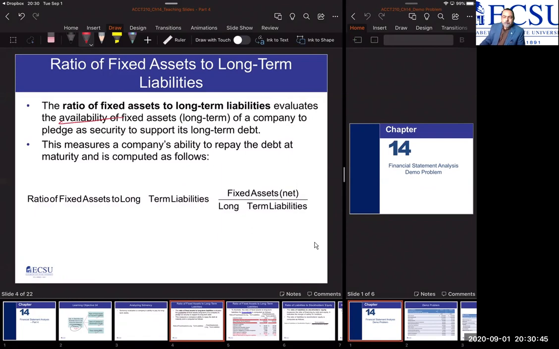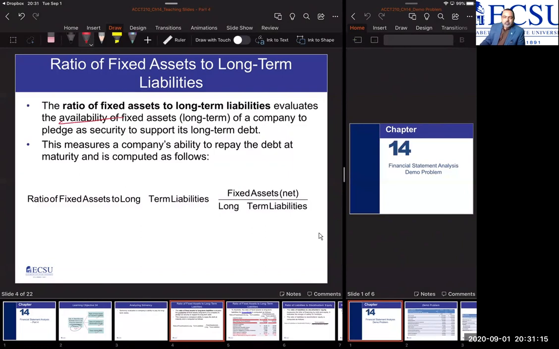measure as to the ability of a company to pay off its long-term liabilities at maturity. So in case you don't have any cash flow situation, at least if you have tangible fixed assets that can be disposed of, then the lenders will not be reluctant to lend you money.